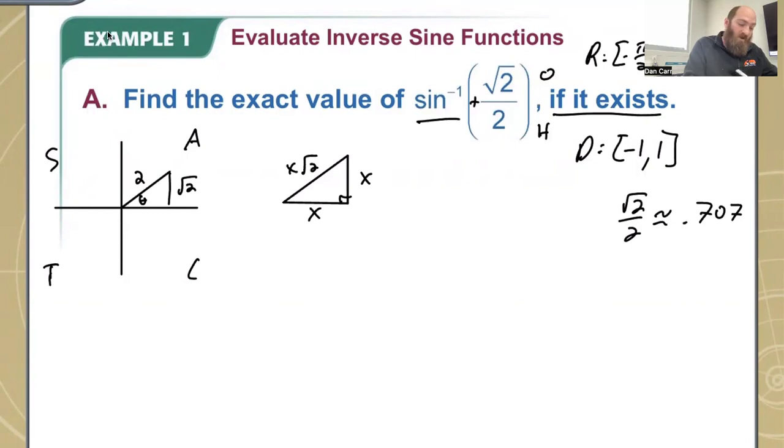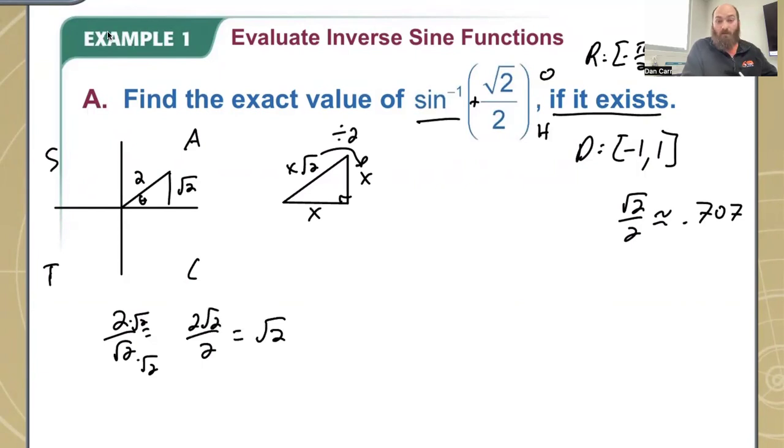Because if I go from here to here, I'm dividing by root 2. So if I take, for example, 2 divided by root 2, and then I rationalize that, multiplying by root 2 over root 2, that's the same as 2 root 2 over 2, which is equal to root 2.